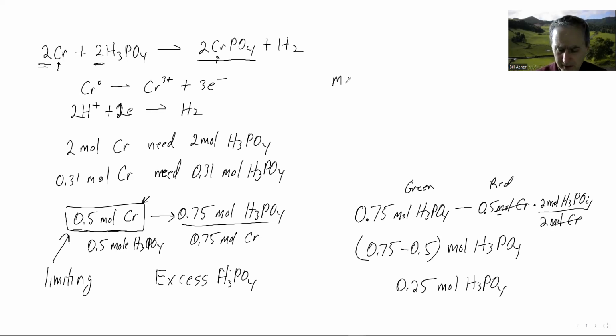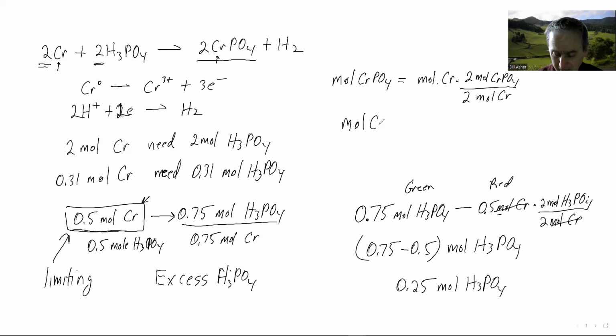So moles of CrPO4 is going to equal moles of chromium times the stoichiometric conversion factor, which is 2 moles CrPO4 per 2 moles of chromium, which again is 1-to-1, which means that the moles of chromium phosphate, CrPO4, is going to equal moles of chromium I started with, which is 0.5 moles.